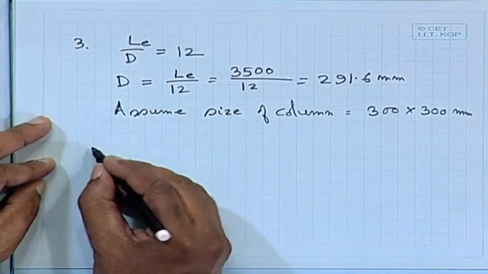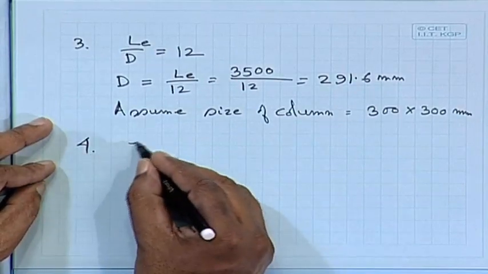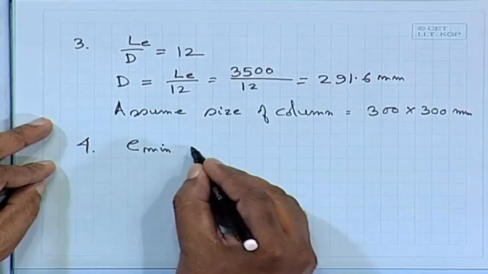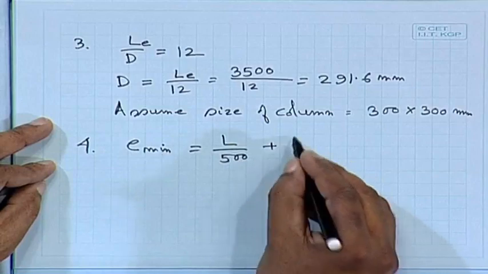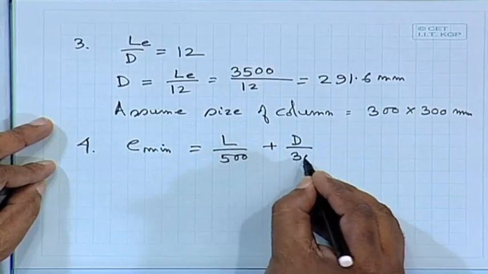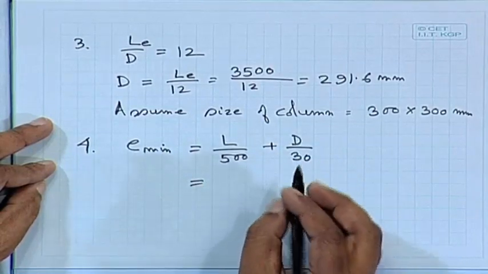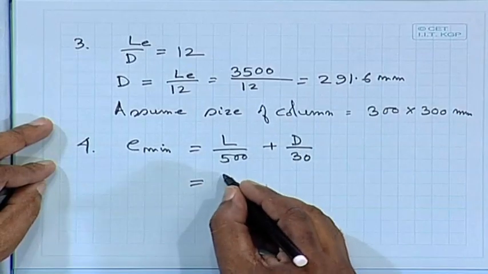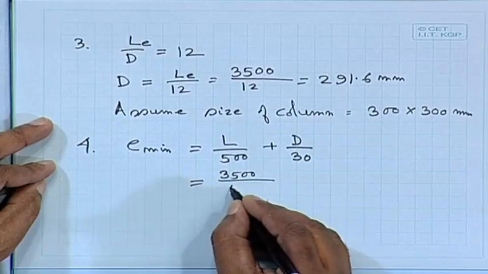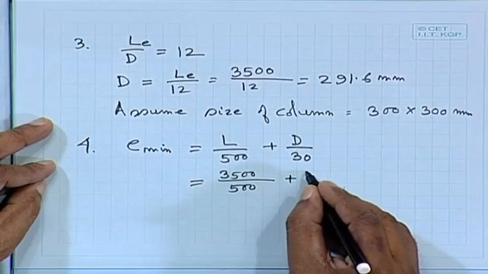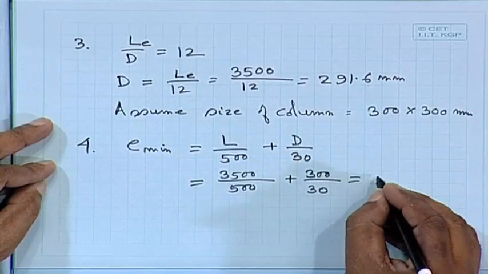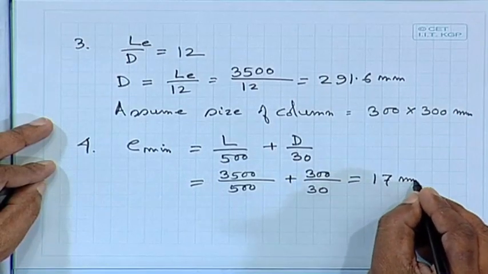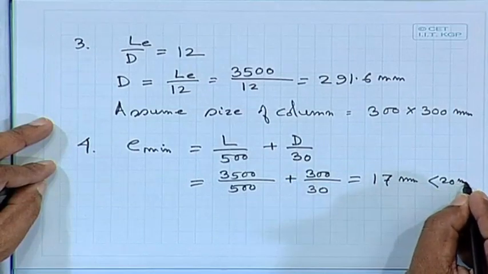What about the e minimum? As per the code, minimum eccentricity is L by 500 plus D by 30, which comes as 3500 divided by 500 plus 300 by 30, which is say 17, less than 20 millimeter.